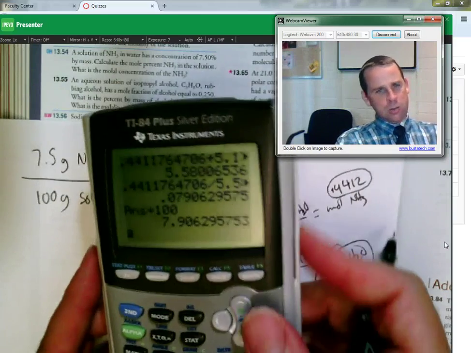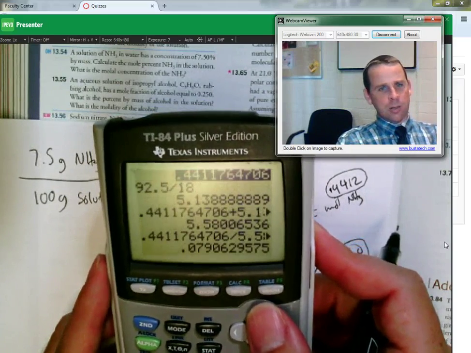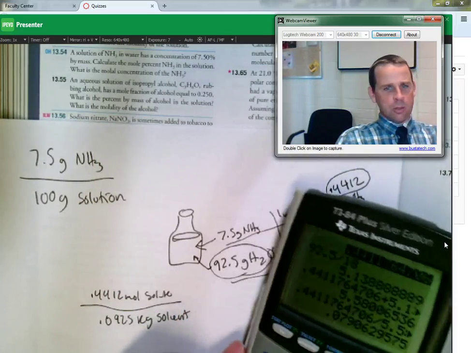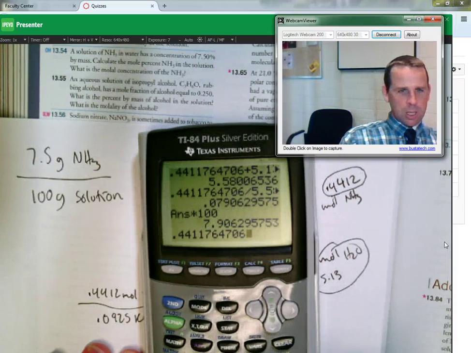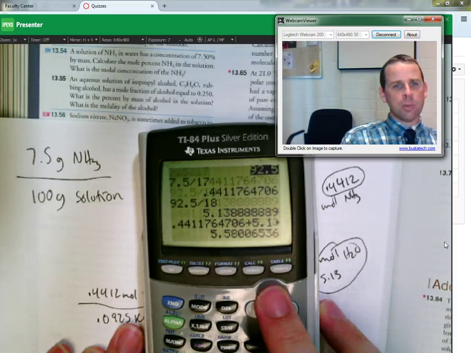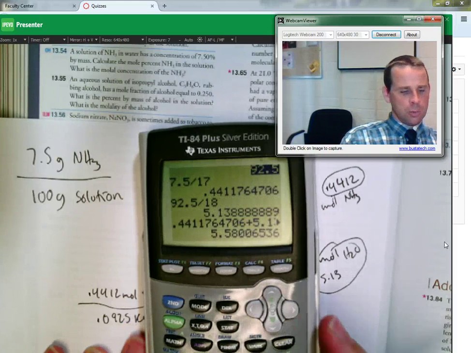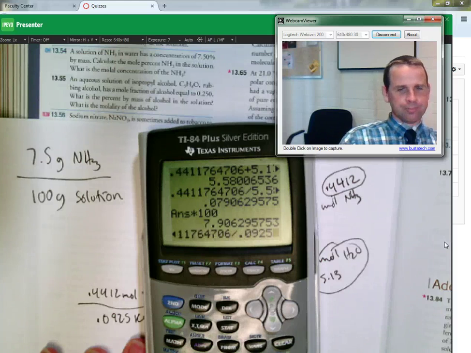Right? So I get my moles of ammonia here, and then divide it by the mass of the water, which I calculated up here, right? 92.5. Oh, it's actually not 92.5, right? We have to divide it by 0.0925. That's kilograms, right?